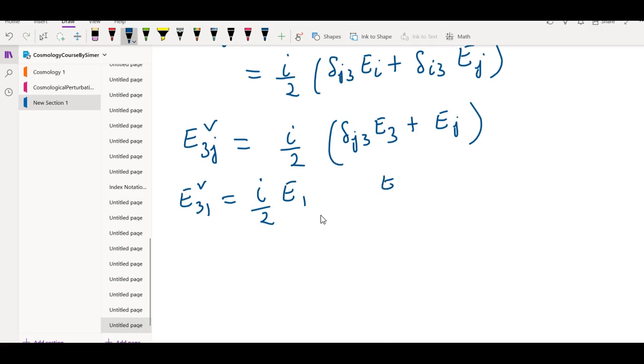Okay, E32 is i by 2 E2. E33 is equal to i by 2, delta 33 is 1, E3 plus E3 is 2E3. So I will get i E3.